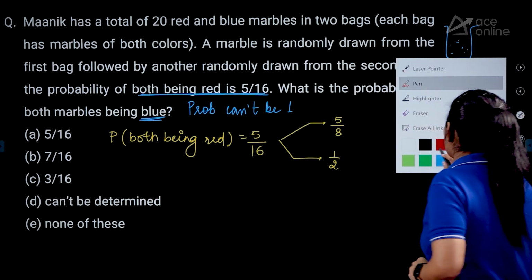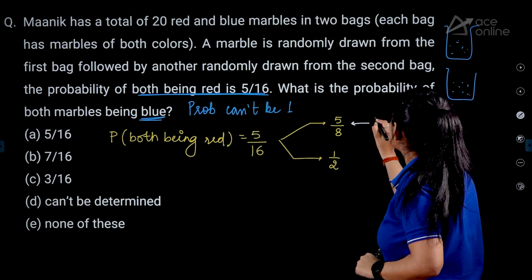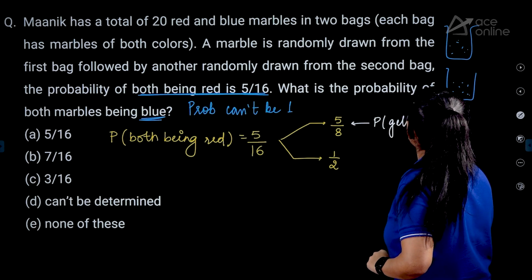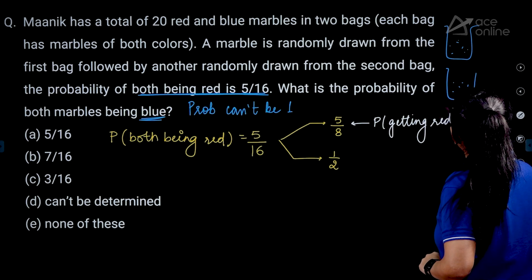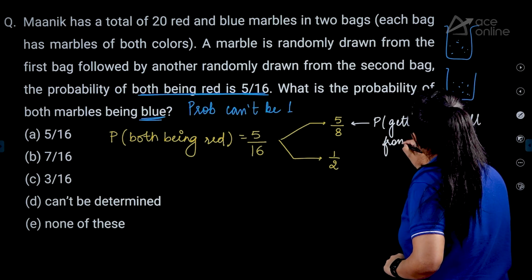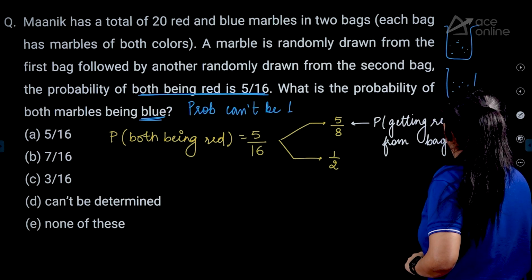So from this one, we can say that this is the probability of getting a red ball from bag first or bag 1.